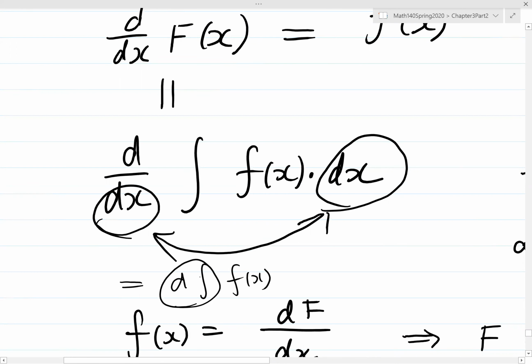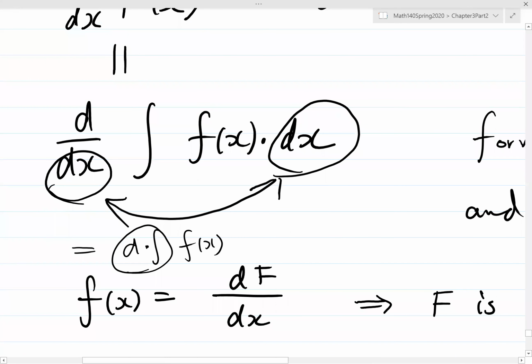They are inverse operations: d means differentiation and the integral means antiderivative, like multiplication cancels division, and addition cancels subtraction. So differentiation and integration cancel each other, and we get little f(x). So this notation is actually well designed, very logical.